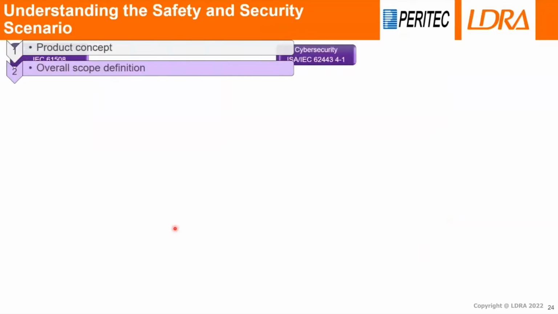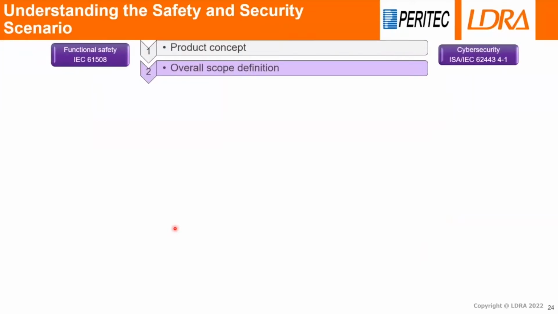So now we need to understand what are the process activity differences between safety and security scenarios. So functional safety, in case you are following IEC 61508, right from the product concept, the process standard needs to be applied. Similarly, we can tailor the process for cyber security requirements in industrial applications according to 62443 part 4-1.